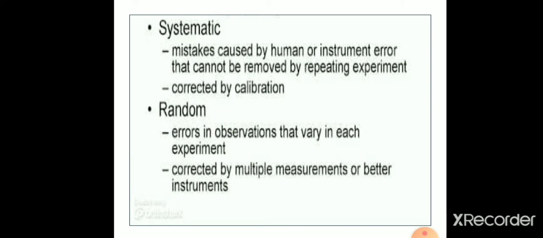It can be corrected by the calibration of the instrument. While random errors are errors in observations that vary in each experiment, and it can be corrected by multiple measurements or by using better instruments.